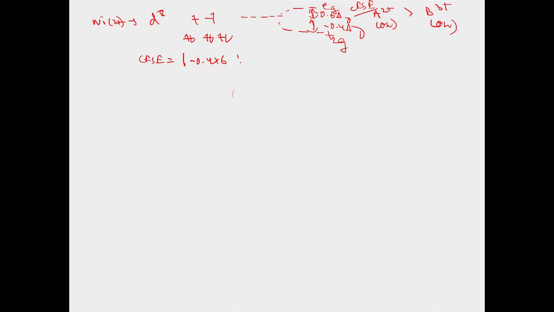Yes, ma'am. Plus 0.6 into 2, that is minus 2.4 plus 1.2, which is equal to minus 1.2 del O.